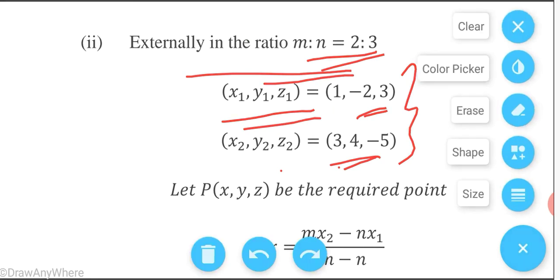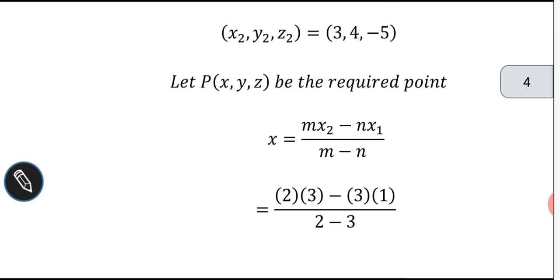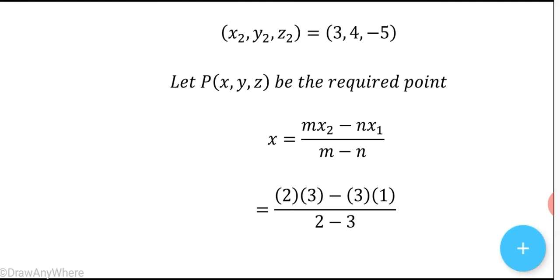Okay, so let P of x comma y comma z be the required point. So for external intersection, the x coordinate is x equal to m x2 minus n x1 divided by m minus n. So substitute the values: 2 into 3 minus 3 into 1 divided by 2 minus 3. For m we have 2, for x2 we have 3, for n we have 3, for x1 we have 1.